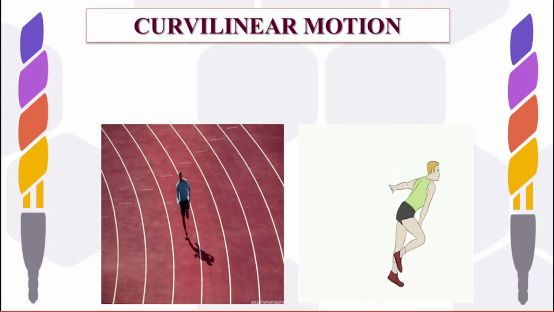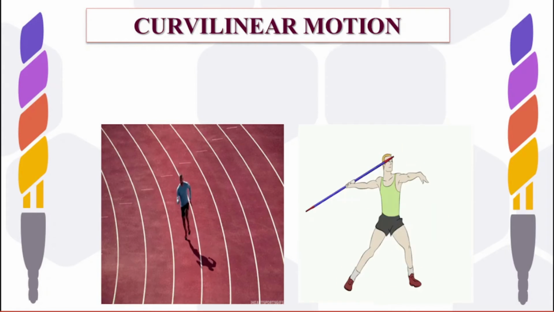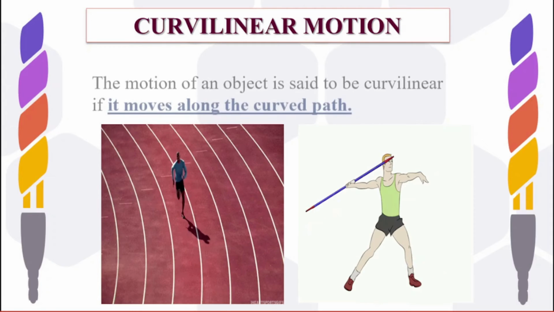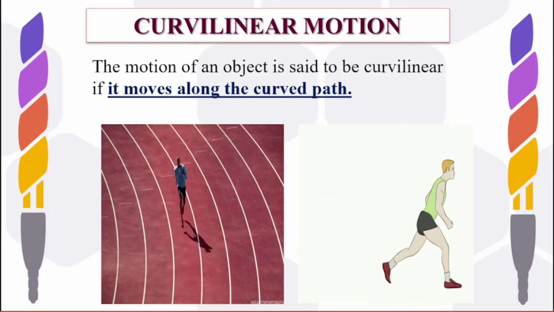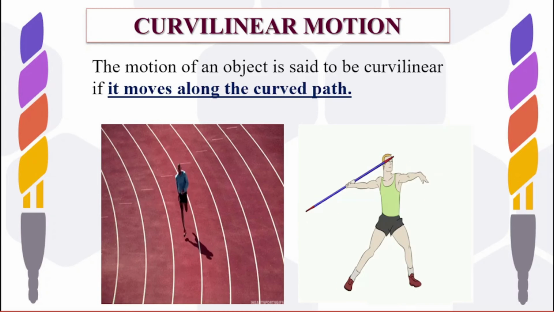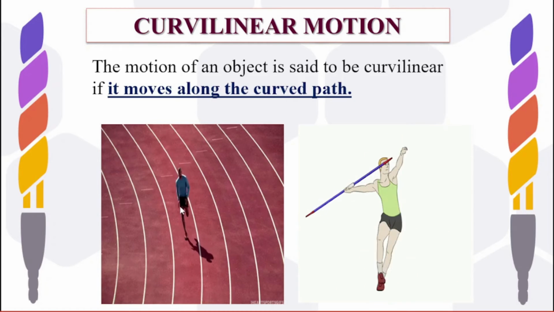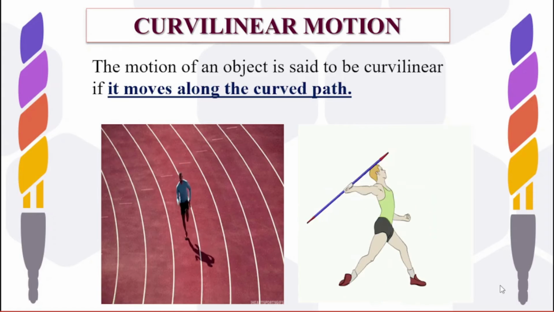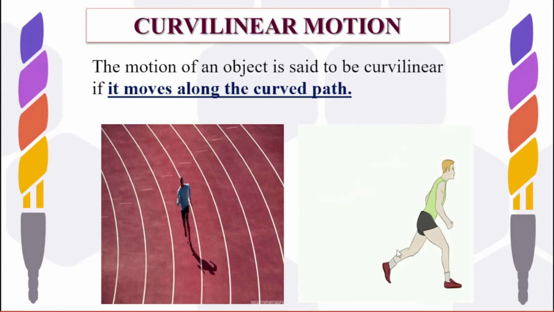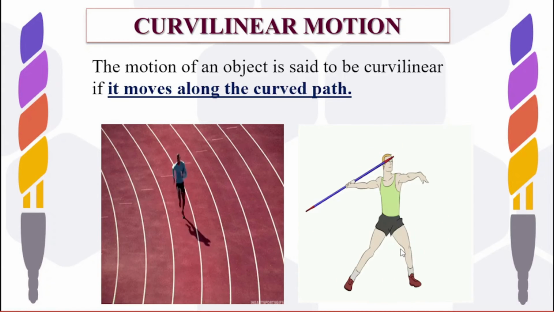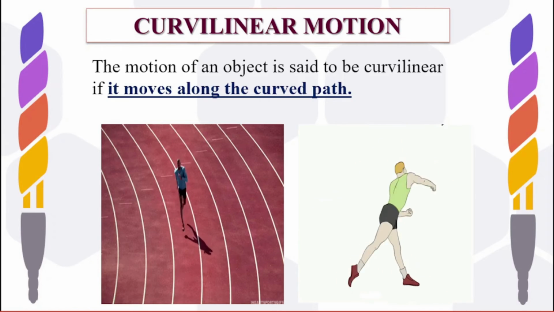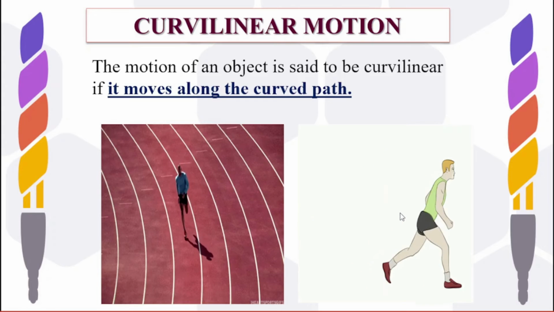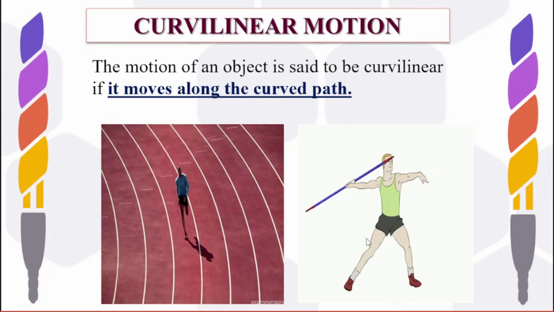You can already see this in some sports. The motion of an object is said to be curvilinear if it moves along a curved path. So this one is a curved path, and when this man throws something, it takes a curved path toward the end. That is curvilinear motion.